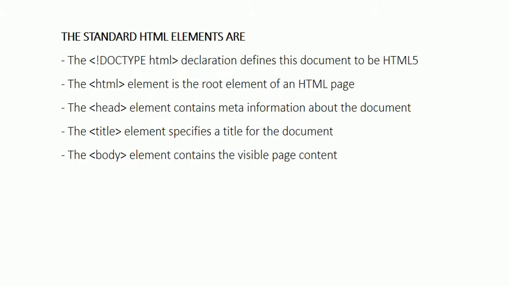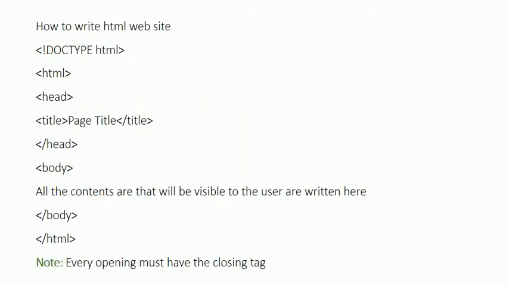Now that we have understood the four standard elements of the HTML, which are HTML, head, title, and body, let's see how we can write a basic HTML web page. As you can see, you just need to go into your notepad, then declare your doctype HTML, which defines the document.